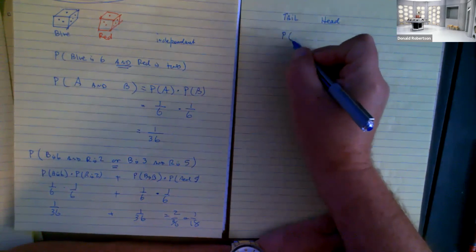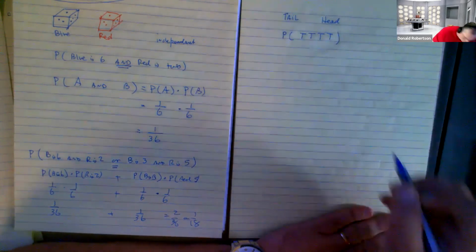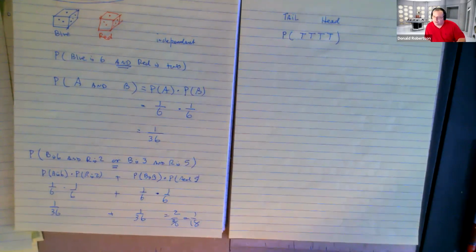I would like to know what's the probability that I get 4 tails in a row, right? So I throw the coin, it's a tail, then again, and then darn it, the 4th time, still a tail, right? That would be quite hard, you would agree. But how hard, right? What's the probability of it?